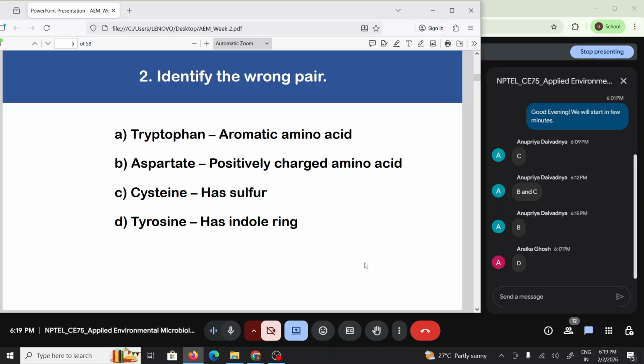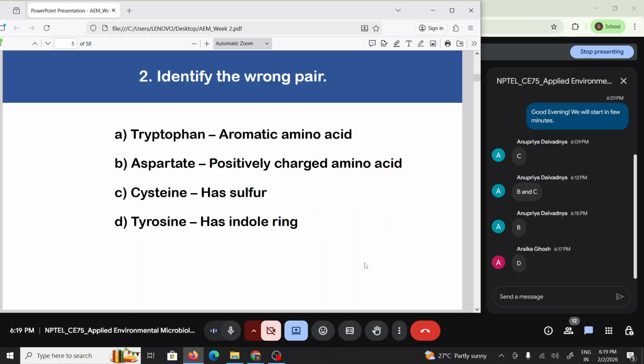Okay. So the answer for this question is again B and D. Tryptophan is an aromatic amino acid. It has an indole group, and aspartate is not a positively charged amino acid. It is an acidic amino acid, so it is a negatively charged amino acid because it has a COO minus group.